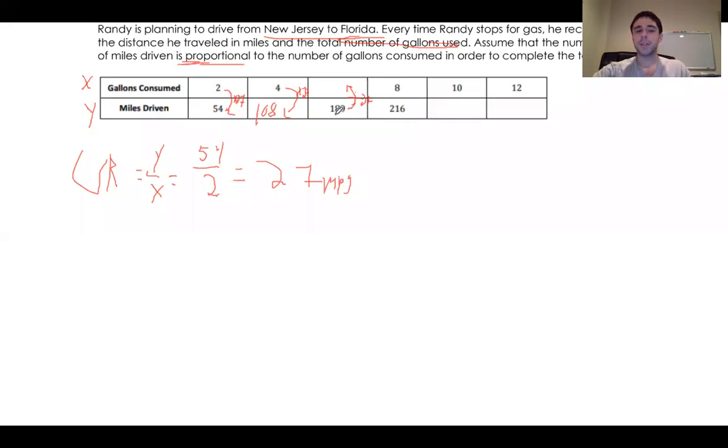So how many gallons do we consume if we drive 189 miles? For this one, it's going to be 189 divided by 27.